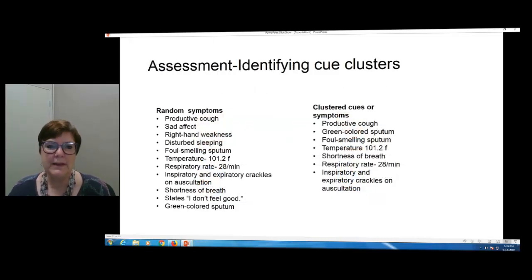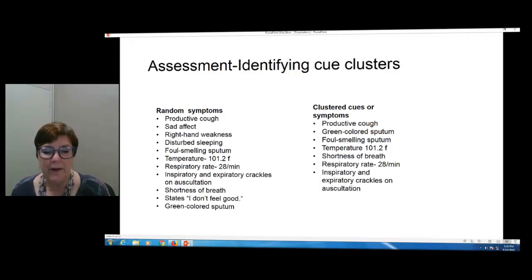So with assessments, let's say you go into your patient's room this morning and you jot down all of these random symptoms. Your patient has a productive cough. They have a sad affect. You notice that they have right hand weakness. They complain of a disturbed sleeping pattern.